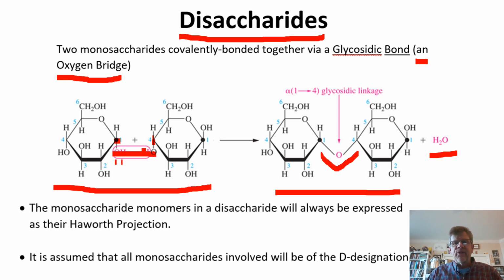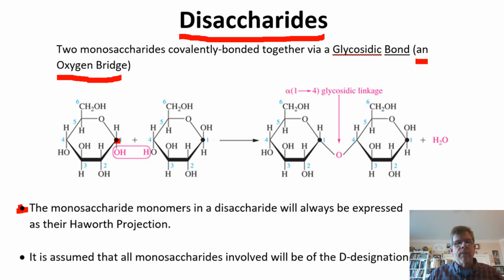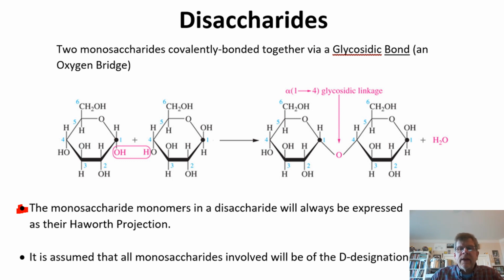Now some salient features: as I said before, disaccharides are always going to have their monosaccharides expressed in the Haworth projection form. It is always assumed that these monosaccharides are of the D designation, so much so that we don't even need to say it.